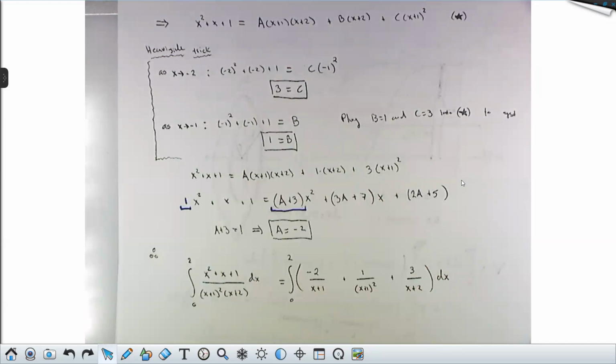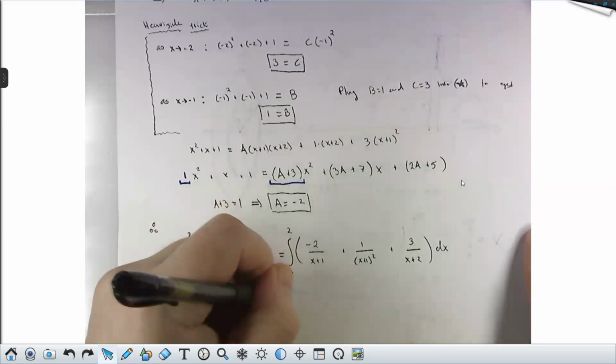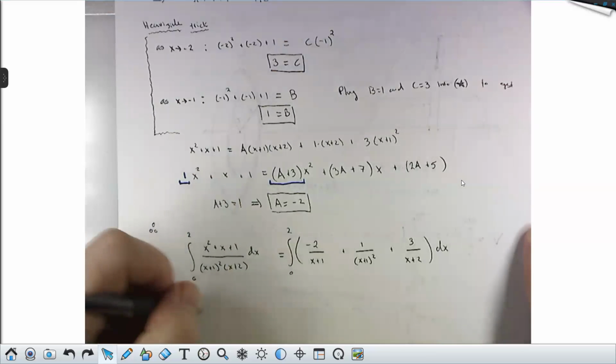And now each of those terms on the right-hand side is quite manageable. You need little substitutions. Well, I'll go ahead and write it out, why not?